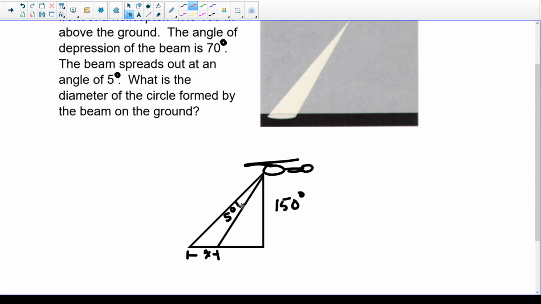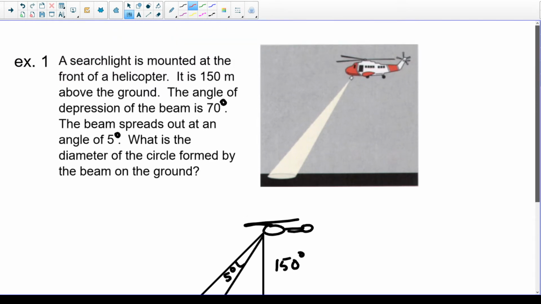The beam's right here, spreading out at 5 degrees. The height of the helicopter is 150 meters. Now, adding in the lines for the right angle triangle is key here. If you look up here, you don't see that right angle triangle right away, but as soon as you start to draw it in, then you'll see it.